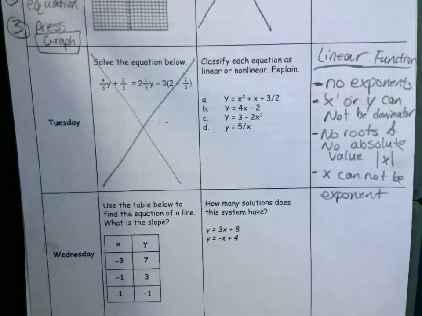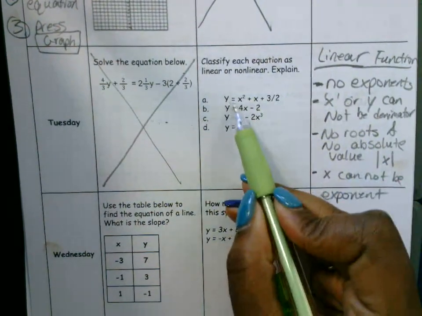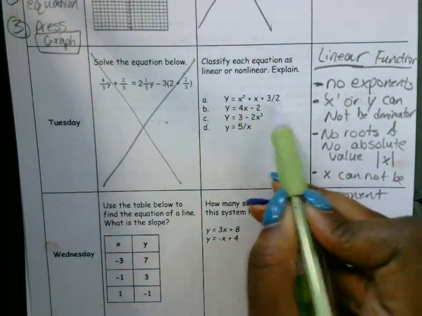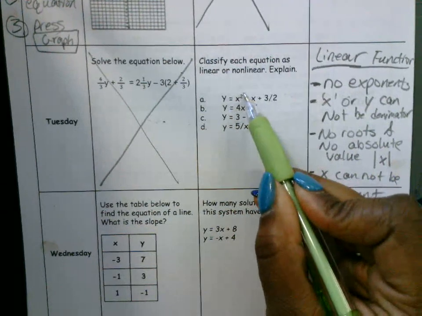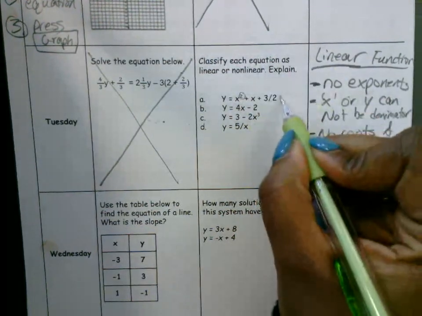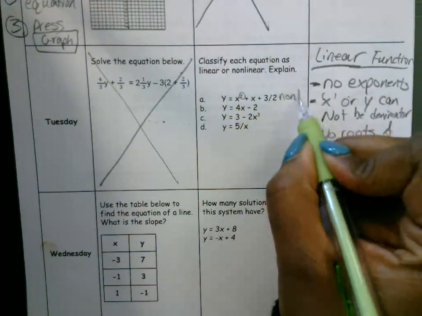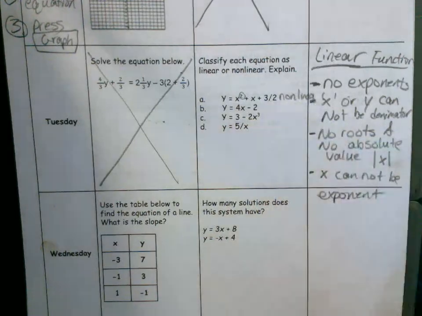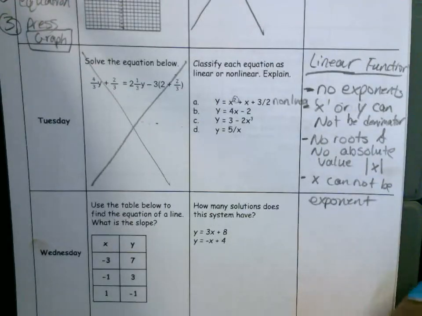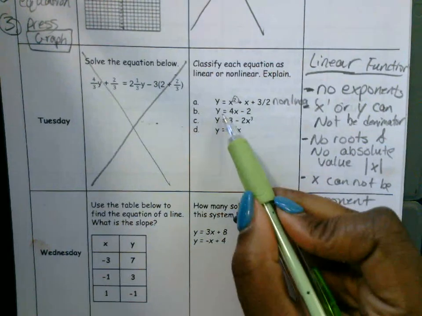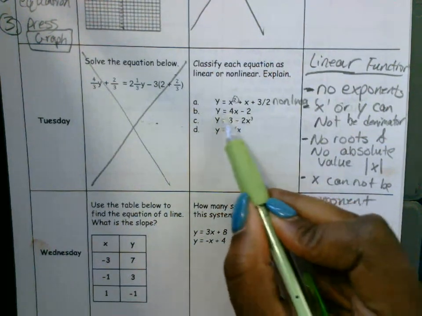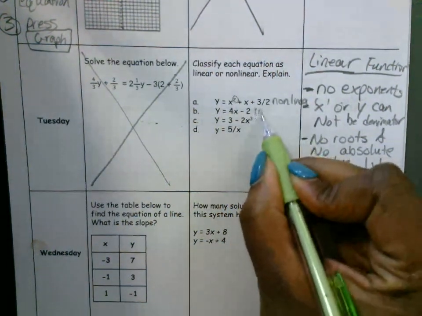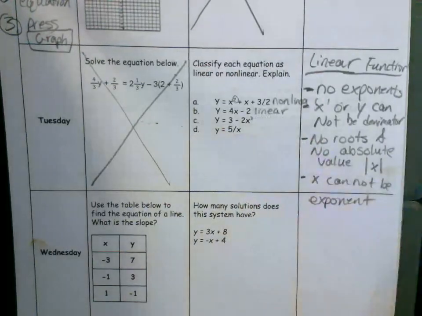Let's look at the first one. All right. Is this linear or nonlinear? It's nonlinear because there's an exponent here. So this is nonlinear. Number 2, linear or nonlinear? This one is linear. Okay.